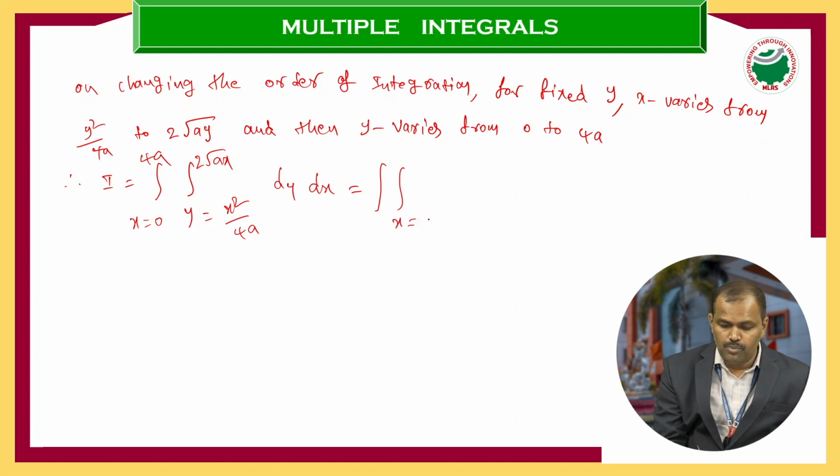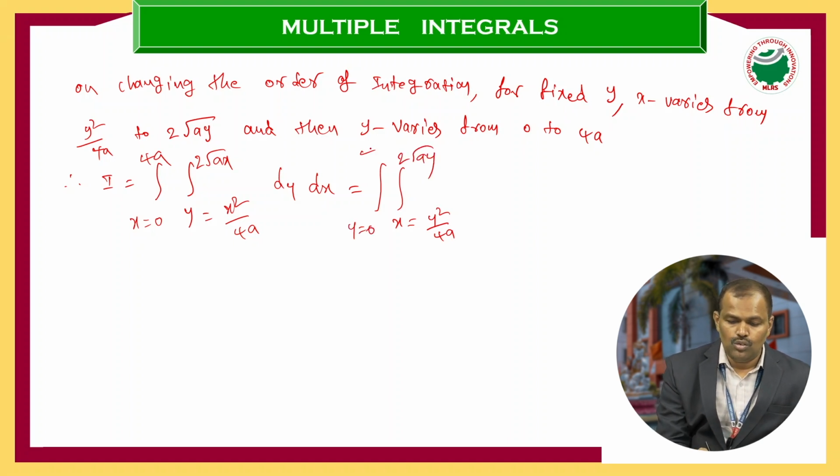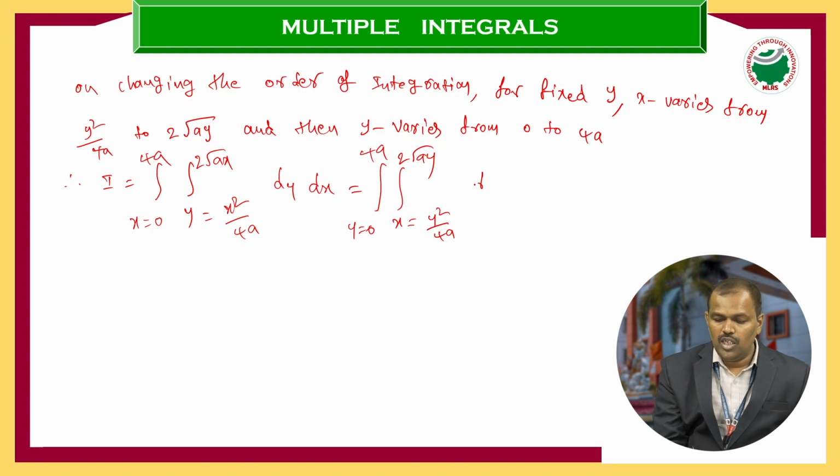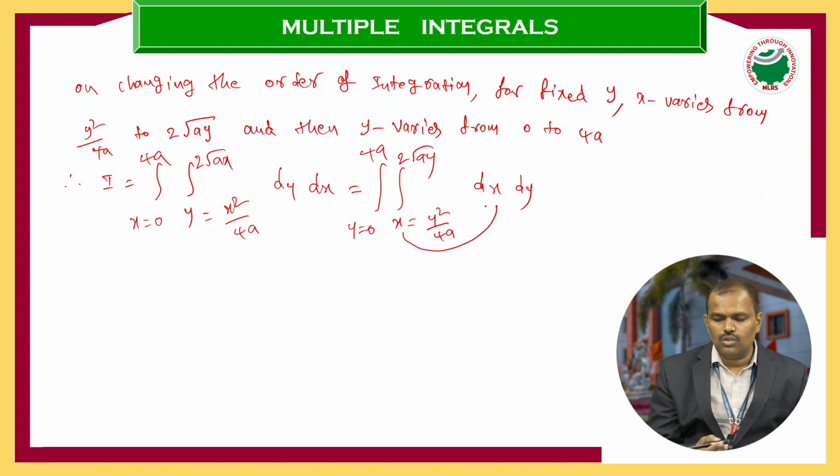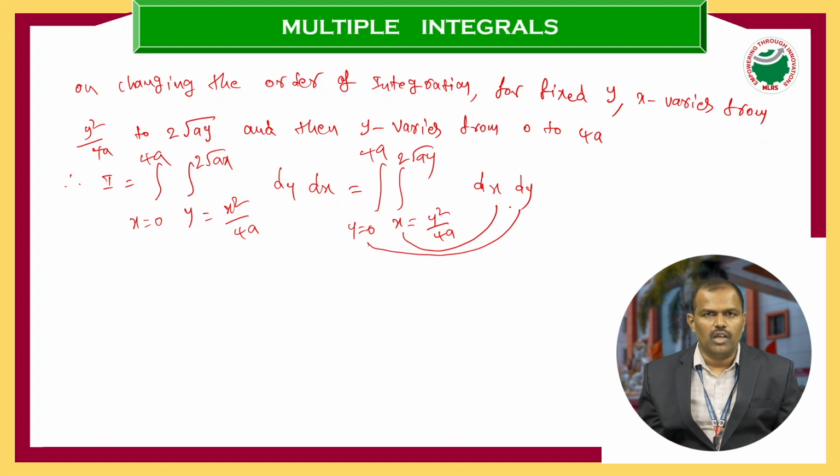x varies from y square by 4a to 2 root ay, and y varies from 0 to 4a, dx dy. Now let us start the integration. First with respect to x, keeping y terms constant, and then with respect to y, then we get the integral value.